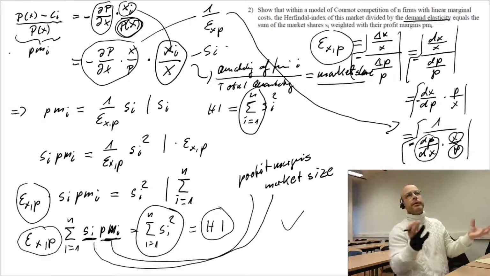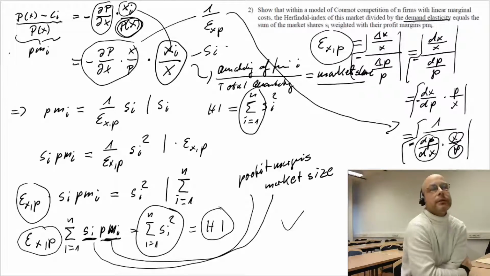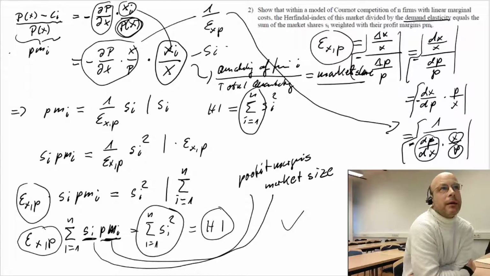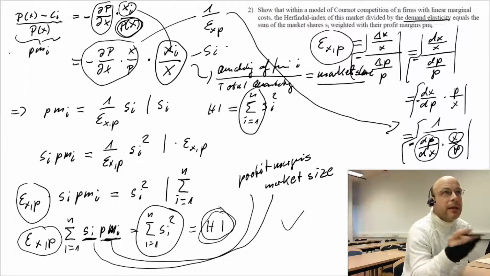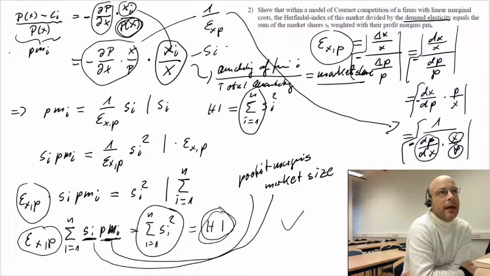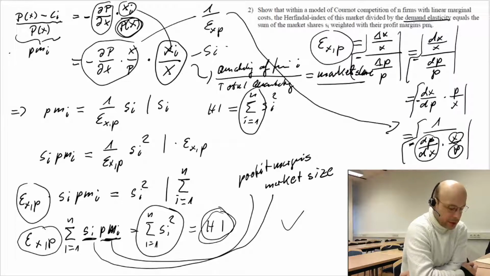So here you see some connection between our statistical measure, the Herfindahl index, which then can be interpreted in a specific way in the Cournot competition model.